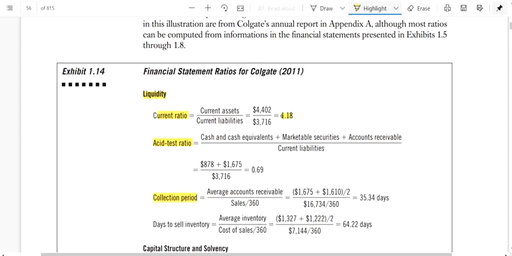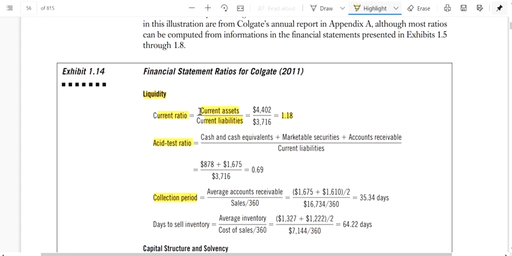RM1.18 ni, RM1.18 ni refer kepada apa. Kalau ringgit lah is $1.18. Okay, maksudnya kat sini, for every RM1 of current liabilities, it has RM1.18 to cover the current asset.